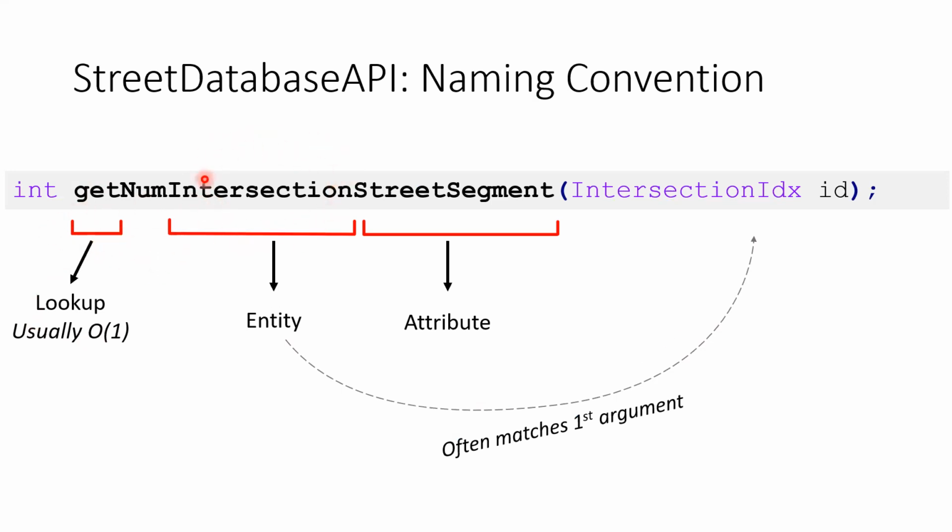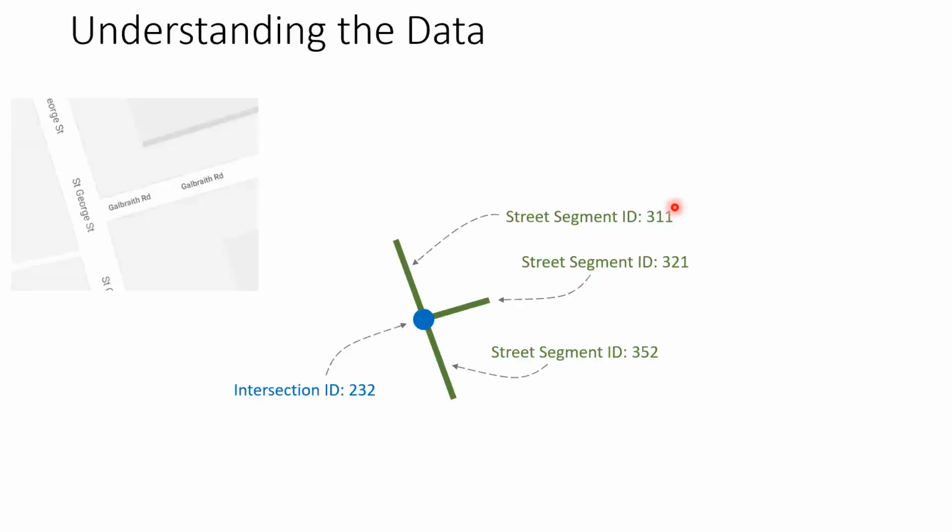The first entity will be the entity that you are looking at, which is usually given in the first argument. So in this case, you're looking at an intersection. And the second entity will be the attribute you are looking for. In this case, you're looking at the number of street segments for this intersection. All of the functions will follow this naming convention.